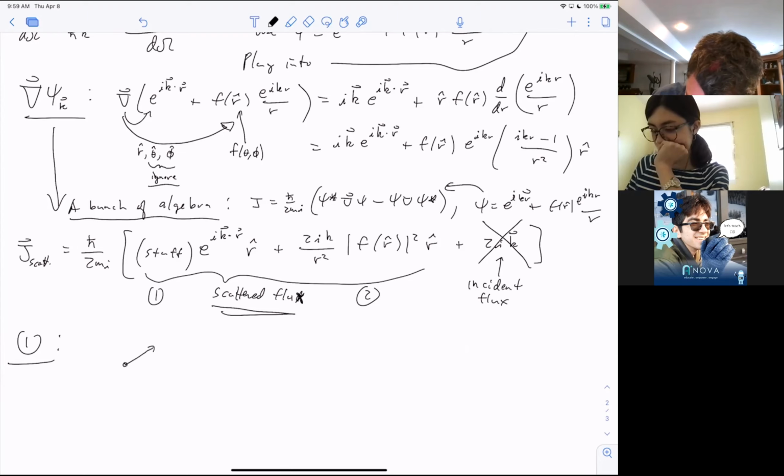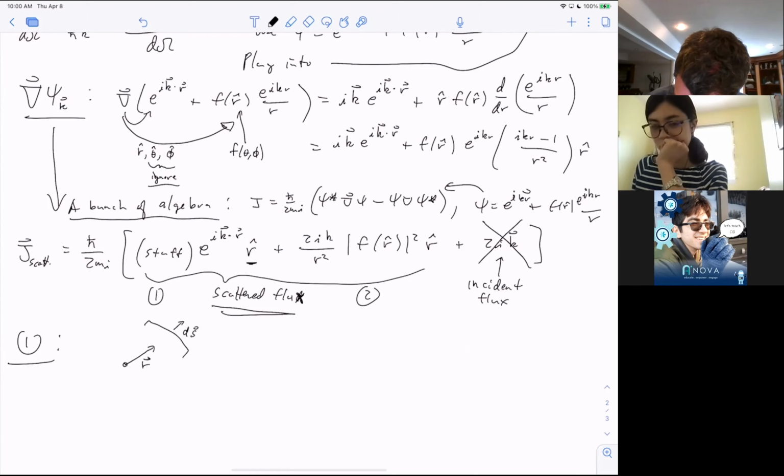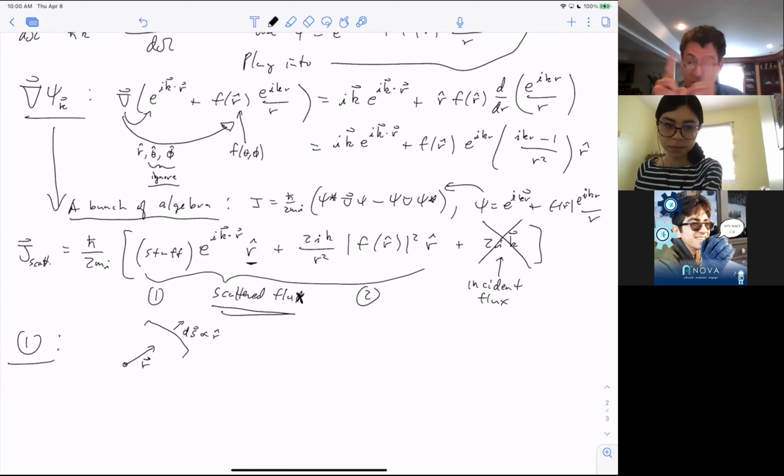We have our detector, which is here at the location r, and we see that that's an r hat, and ds is proportional to r hat, so the dot product works, so we can't just ignore that term. But it turns out that this first term goes to 0.